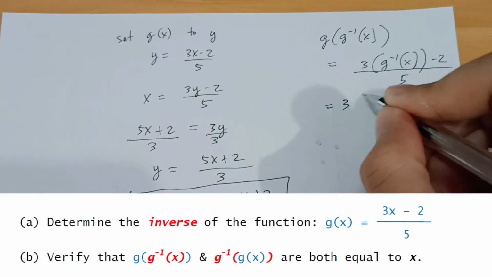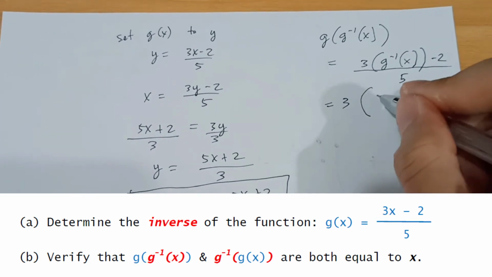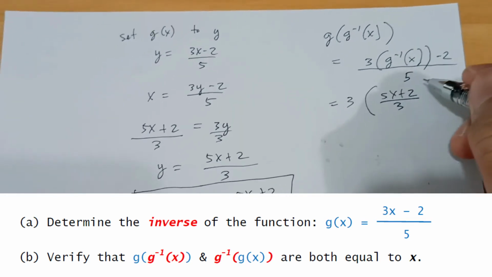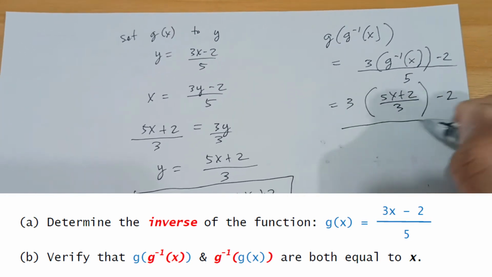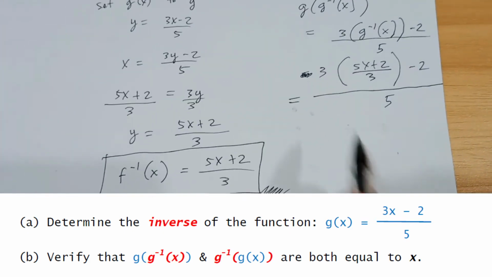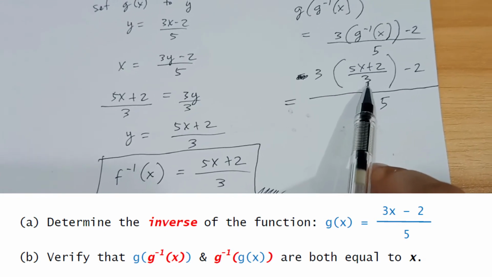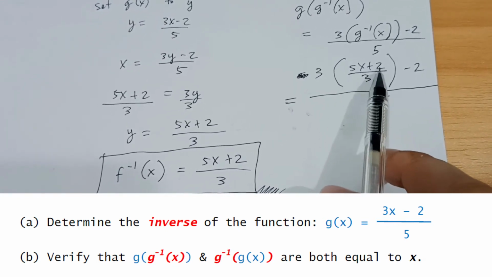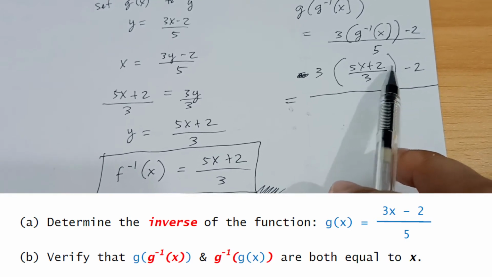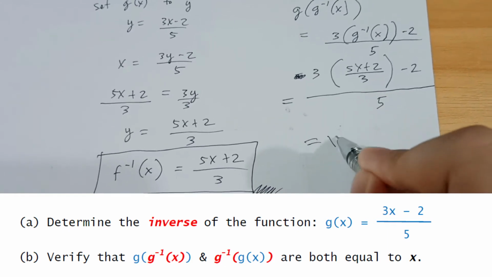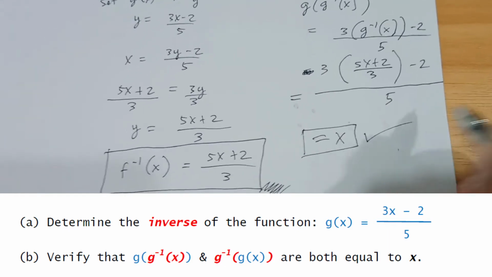So, equals 3 times 5x plus 2 over 3, yung inverse, then minus 2 divided by 5. Yung 3, makakancel. 5x plus 2 na lang matitira sa taas. So 2 minus 2, 5x na lang matitira. 5x divided by 5, so x natira.